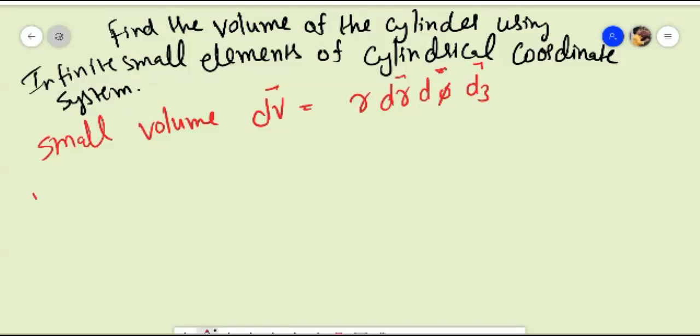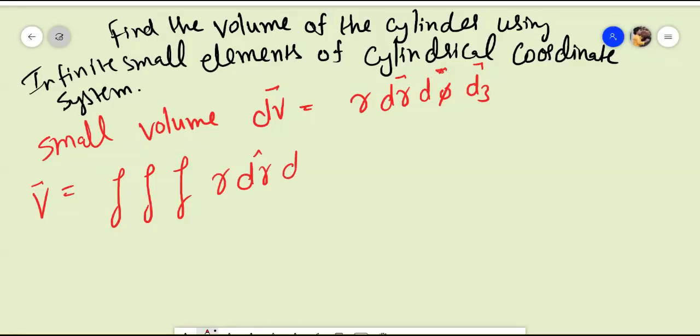So the volume will be equal to the triple integration of r dr multiplied by d phi multiplied by dz. And let us try to put the limits. What will be the limits on the integral?